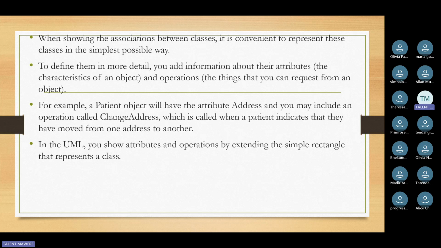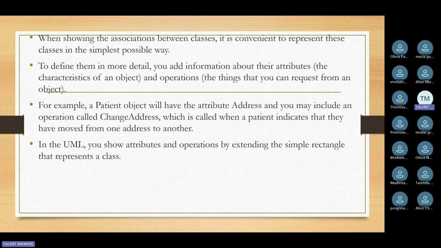This will enable you to capture all the classes that are in a system. But later on, as you add detail to your class diagram, you need to add more information. Information like what? You need to add the attributes of each class.